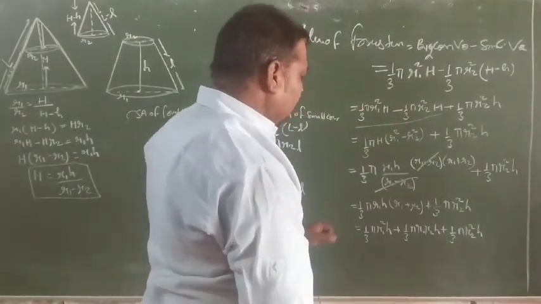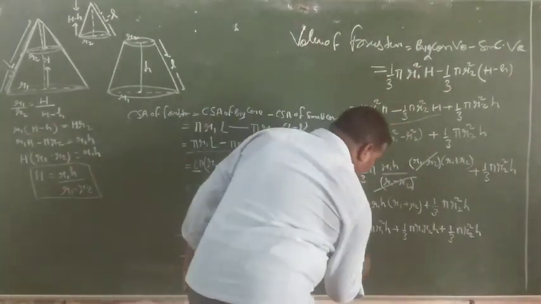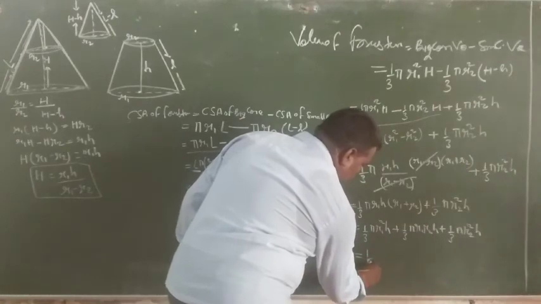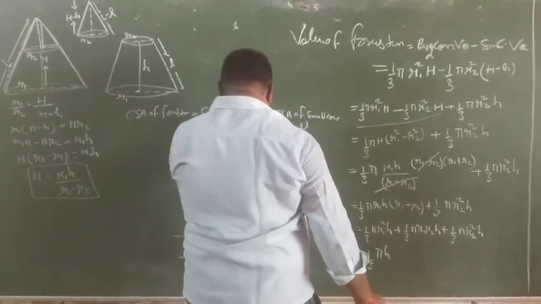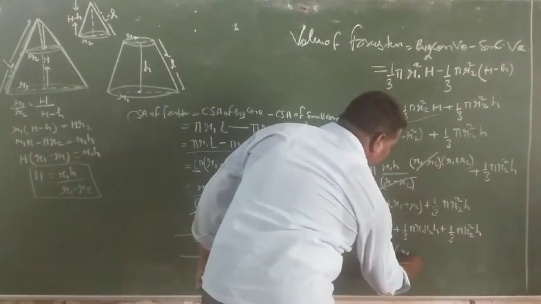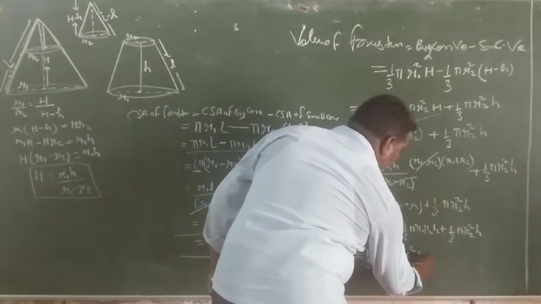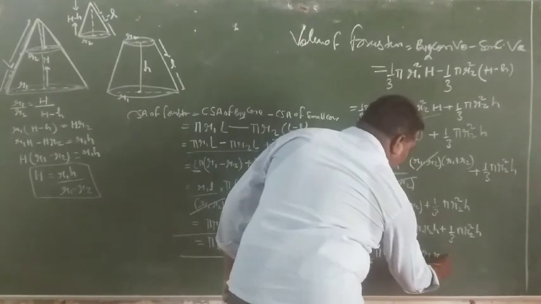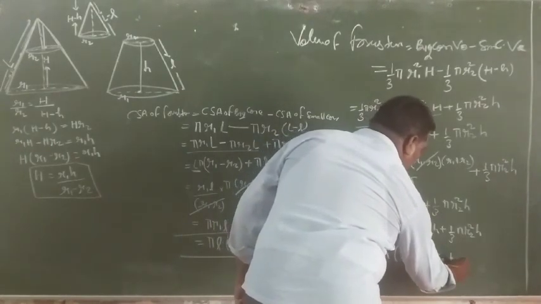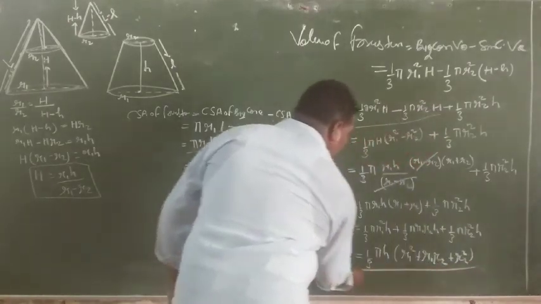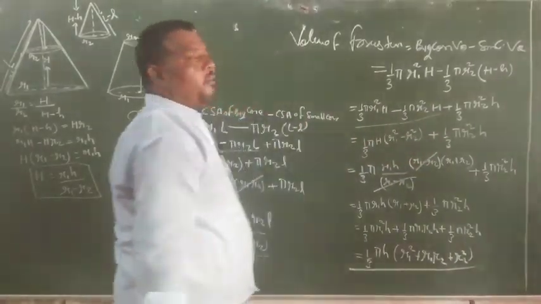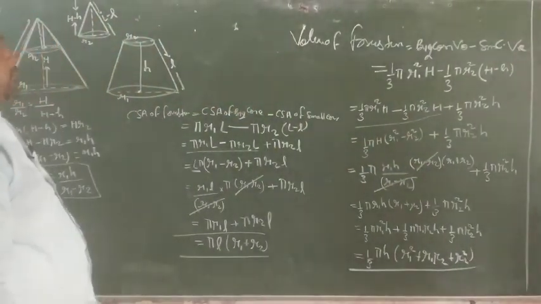Look carefully, in this step you take common 1 upon 3 pi and h. What remains in the bracket is R1 square plus R1 R2 plus R2 square. That is the formula of volume of the frustum.